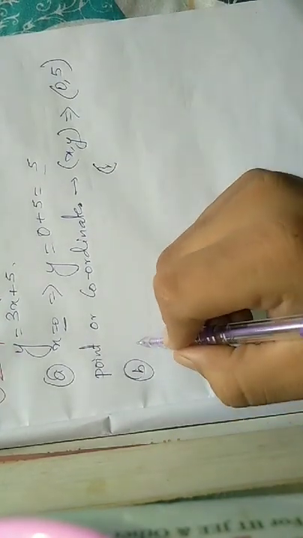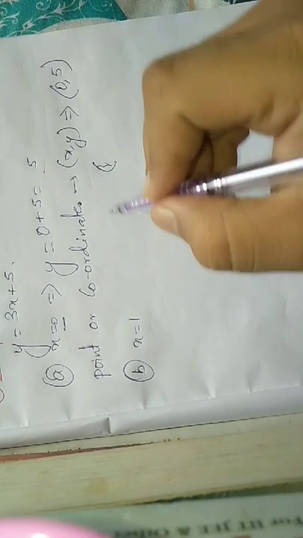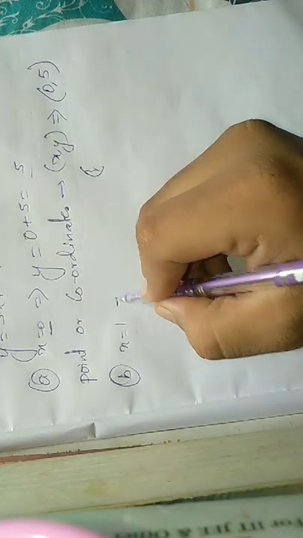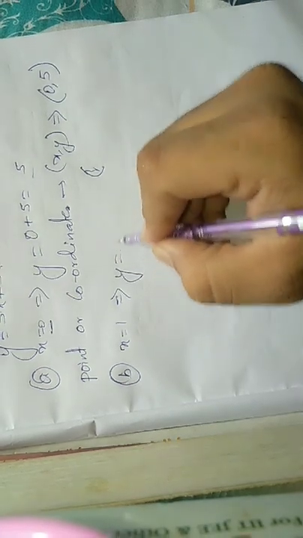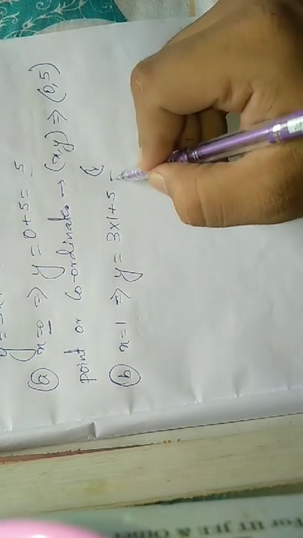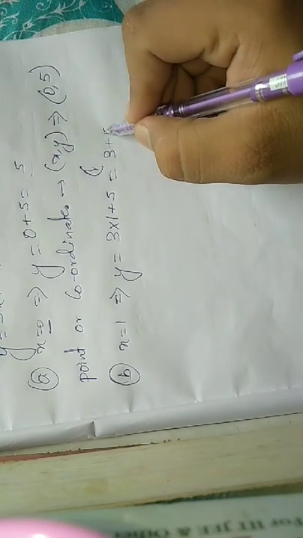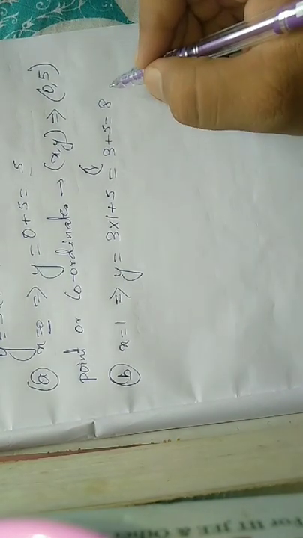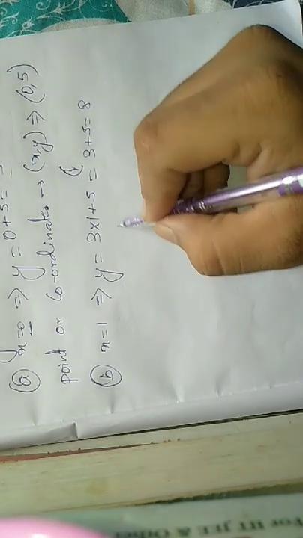Let's take number B. x is equal to 1. So what happens when x equal to 1? y is equal to 3x plus 5, so 3 into 1 plus 5, which is equal to 3 plus 5, which is equal to 8. So what is the coordinate?